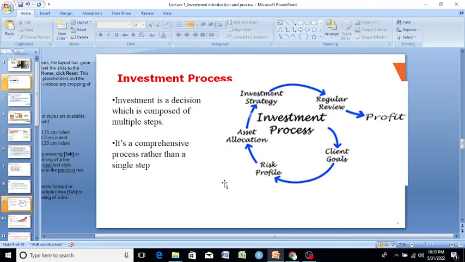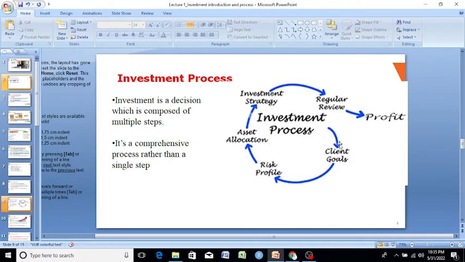In the previous slides, we have mentioned that investment is not a single step. Rather, it is composed of a series of integrated steps. If we combine these steps, it is called the investment process. It's very important to mention that investment is a comprehensive process rather than a single step.